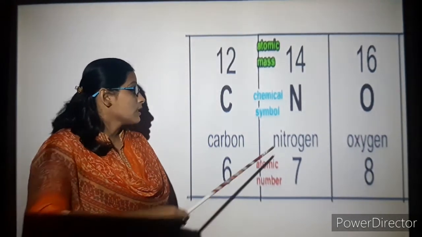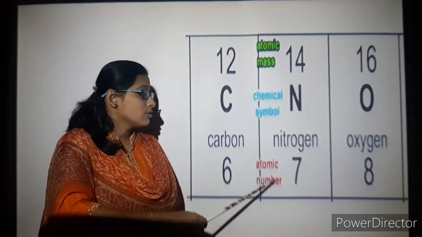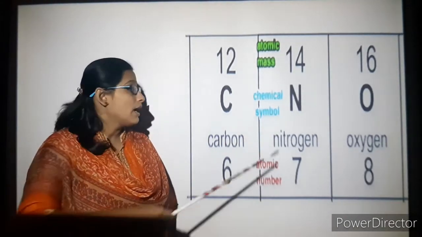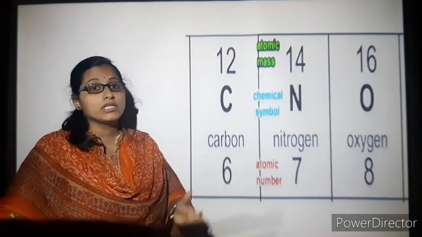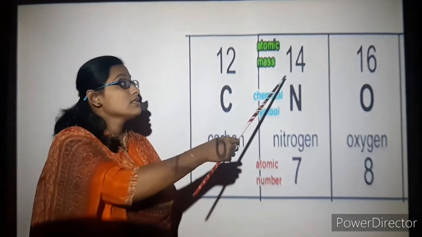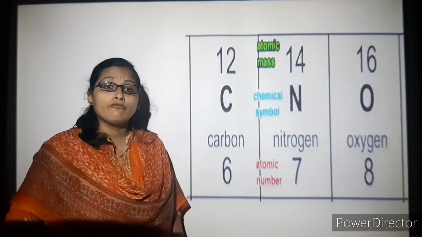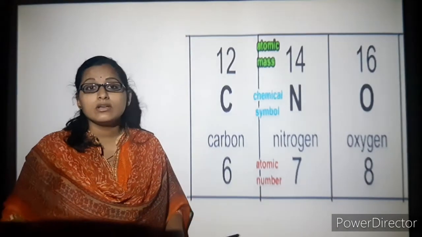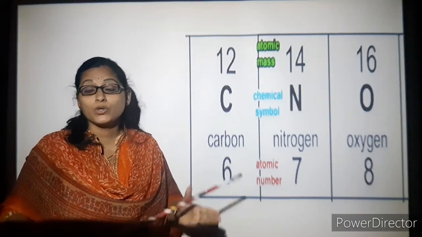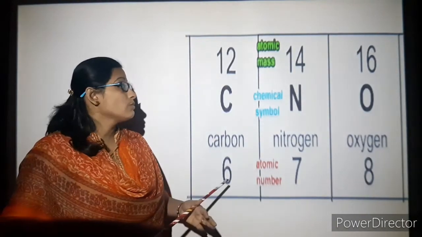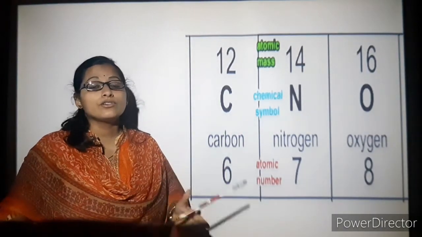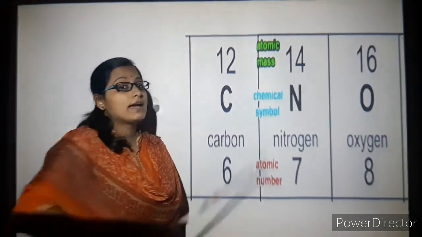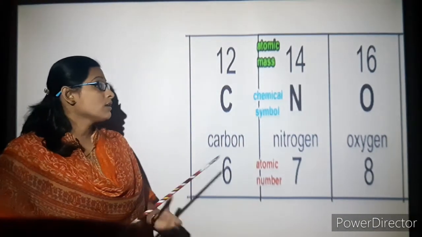Next, coming to nitrogen, the atomic number is 7 because the number of protons is 7, and when you add the neutrons, that is 7 plus 7, the mass number is 14. Coming to oxygen, again it's the same: the atomic number is 8 because the number of protons in the nucleus is 8, and when you add the 8 neutrons present along with the protons, it gives rise to the mass number as 16. So coming to the next slide.